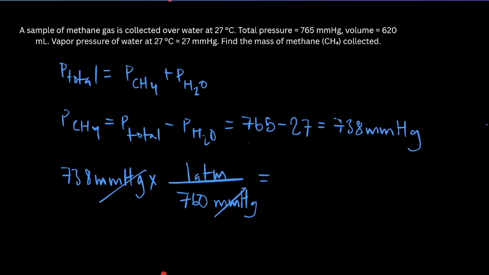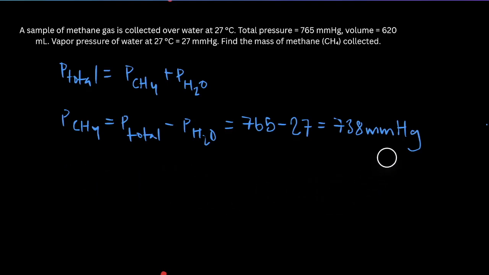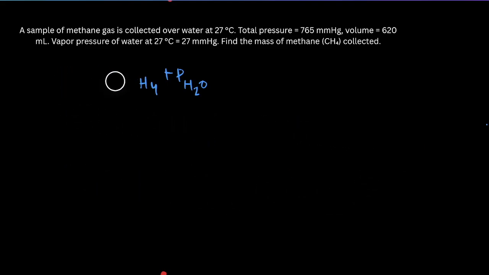Canceling out these units gives us an answer of 0.971 atm. This here is going to be our pressure of methane. Let me keep track of that pressure off to the side. So our pressure is equal to 0.971 atm.